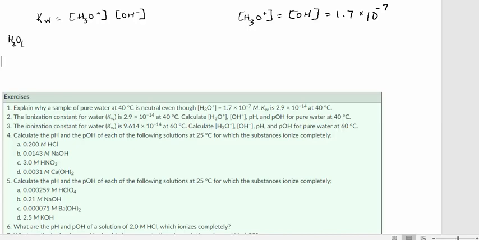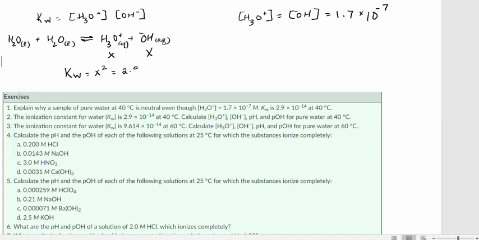Remember, the autoionization of water looks something like this, where we form the hydronium ion and the hydroxide ion. Now, if I let X represent the amount of substance we have in equilibrium, then my Kw is equal to X squared, because X times X is X squared, and that equals a value.